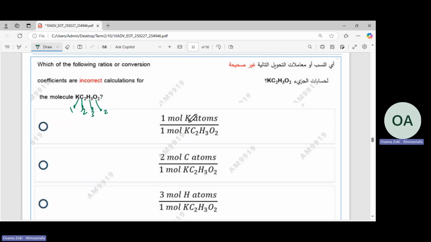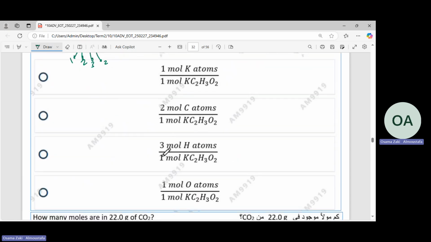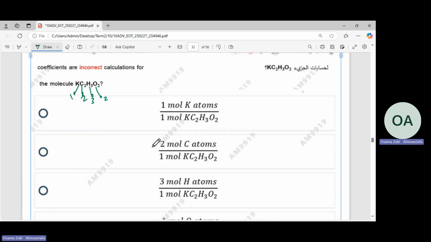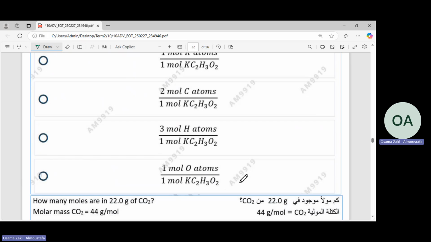So 1 mole of K over 1 mole, that's correct. 2 moles C, yes, we have 2 moles C over 1 mole. 3 moles H over 1 mole, correct. 1 mole O, no, not 1 mole O, 2 moles of O. So this is the incorrect one.